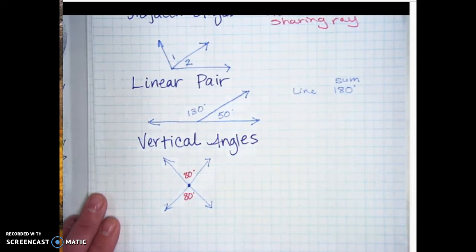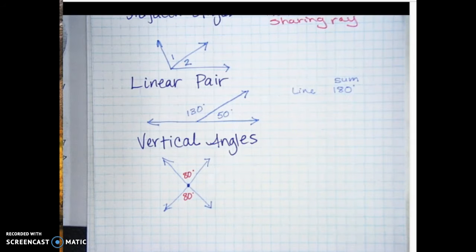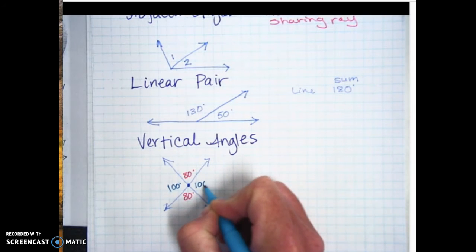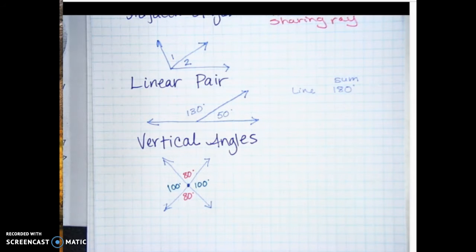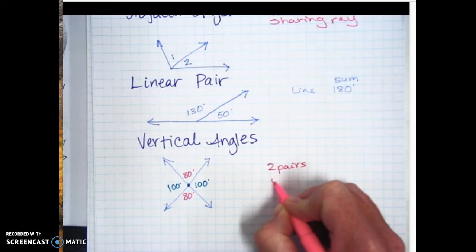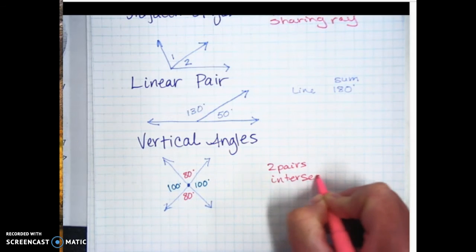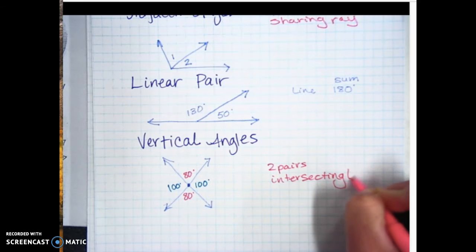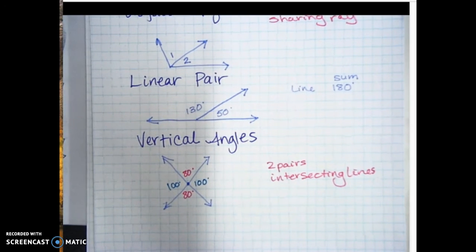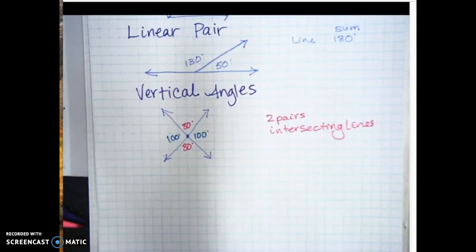Those two are vertical angles. The other two are also vertical angles. They're 100 and they're 100. So you're going to have two pairs of vertical angles when you have intersecting lines. This comes up quite a bit throughout the whole year of geometry. You'll see it in almost every chapter.